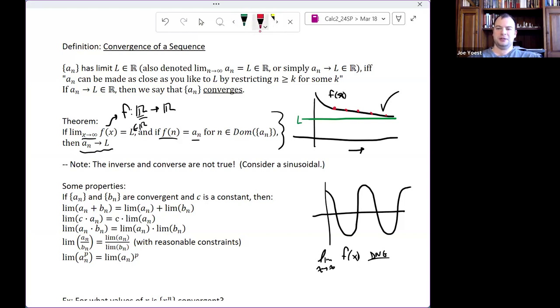But what if I took a sequence? What if I chose points off of here that were like at this peak? That's the first one. And at this peak for the next one. And at this peak for the next one. What is my sequence? It's just 1, 1, 1, 1, and so on. Of course, this converges to the limit L.